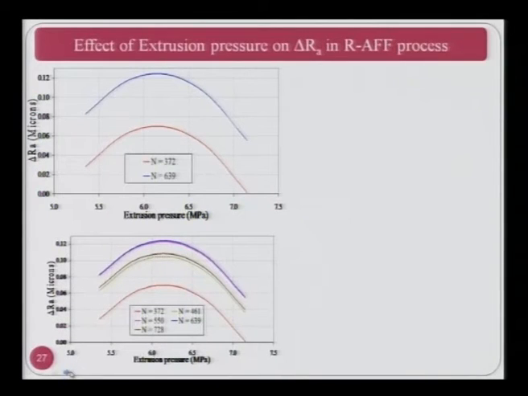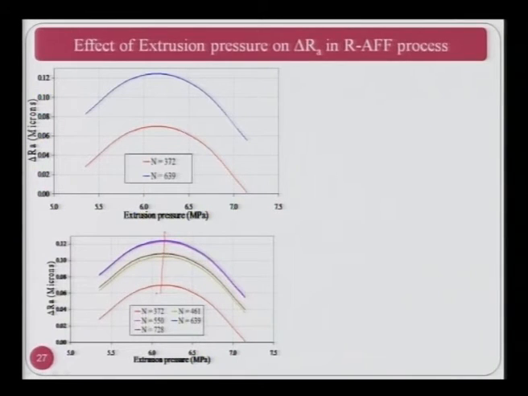Now here you can see the numbers of cycles, these are 320, 372, 461, 550, 639, 728, and in all cases you will find that they are attaining a certain value which is giving you the maximum or optimum delta Ra value.